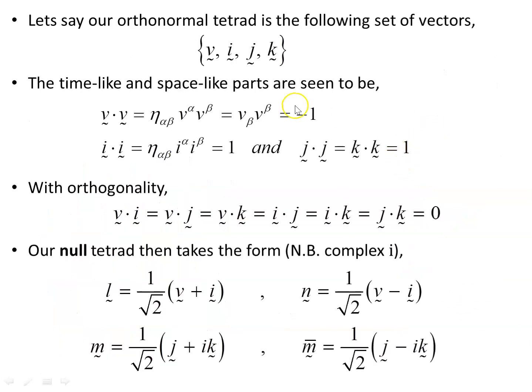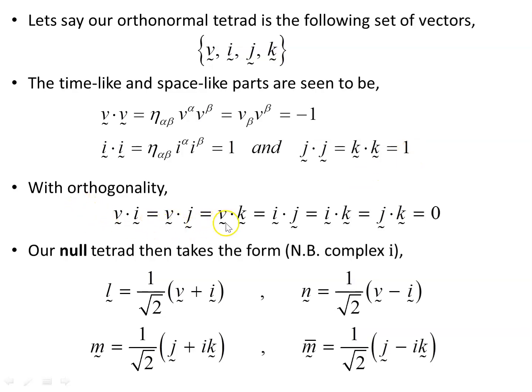Right, so our orthonormal tetrad has these vectors here, v, i, j, k, and the time-like and space-like parts are seen to be, the time-like part gives us this, for the metric that I'm using in this video, and the space-like parts give us these.